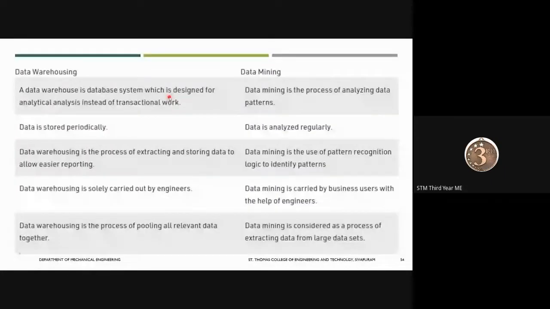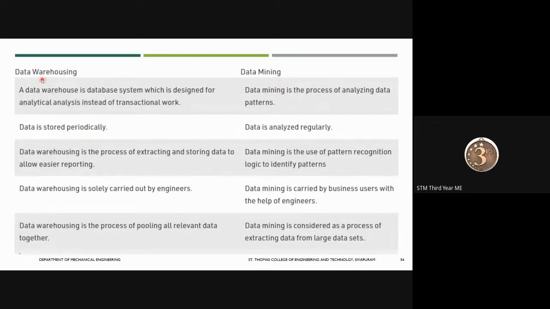But in the case of data warehousing, every other data, including transactional data itself, is stored at one point, while in data mining, it is the process of analyzing data patterns. So we are taking and recalling the data from that storage location for a particular purpose and grouping it under various categories. That is data mining.